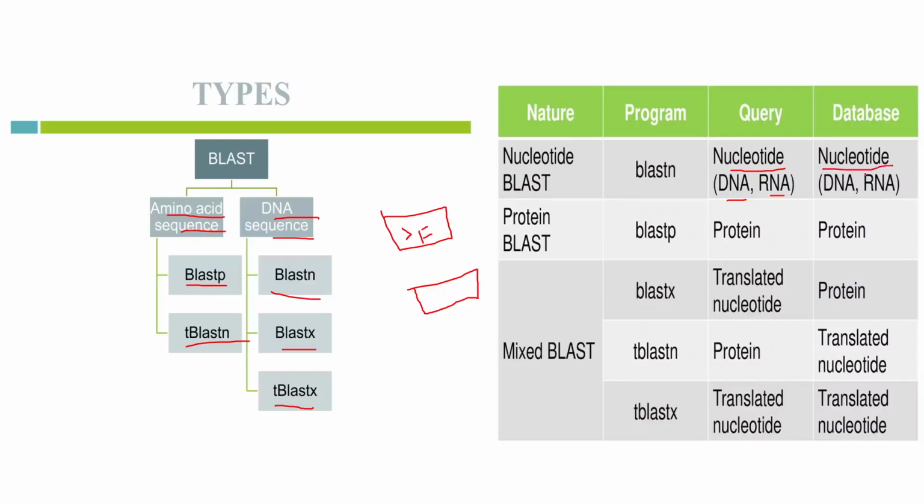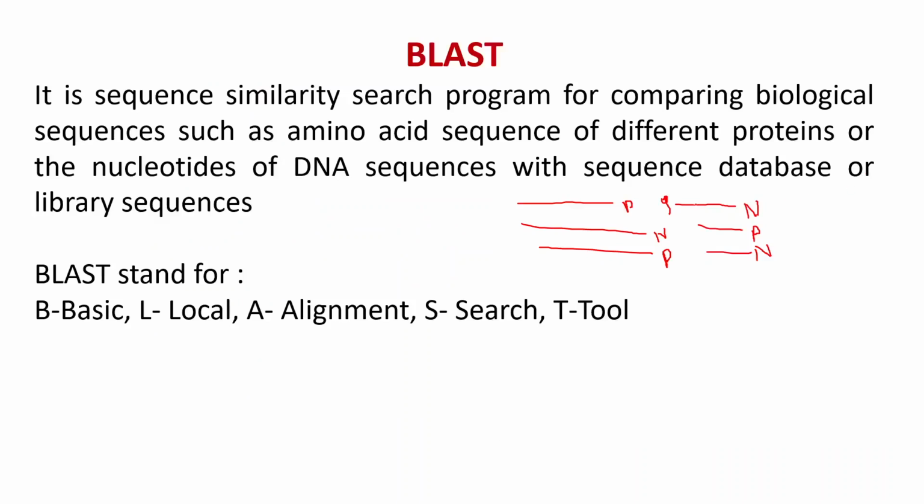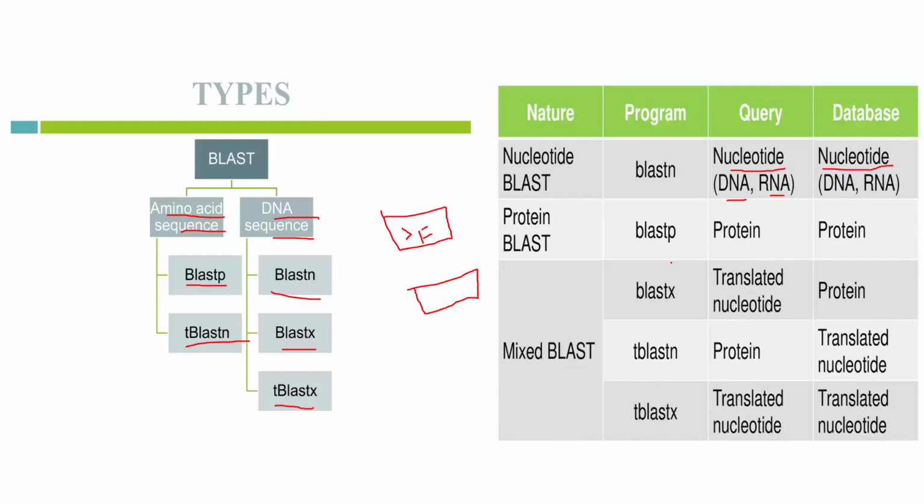In the previous slide I told you that a nucleotide query can be searched against either the protein database or the nucleotide database, and likewise a protein query can be searched against the nucleotide database or protein sequences. Here the program is BLASTN: the query sequence is nucleotide and the database is also nucleotide.